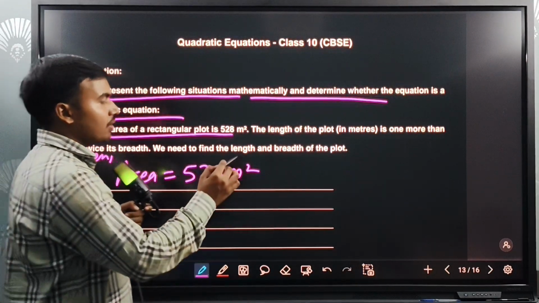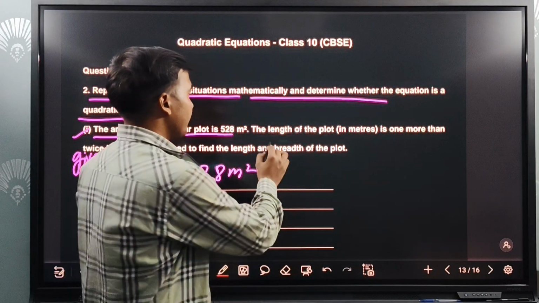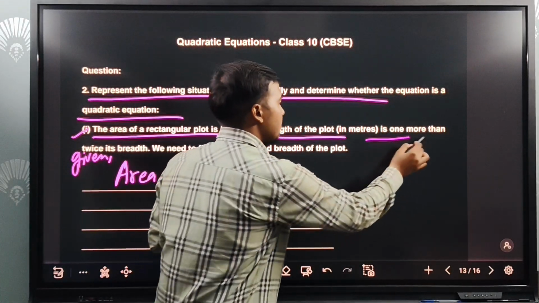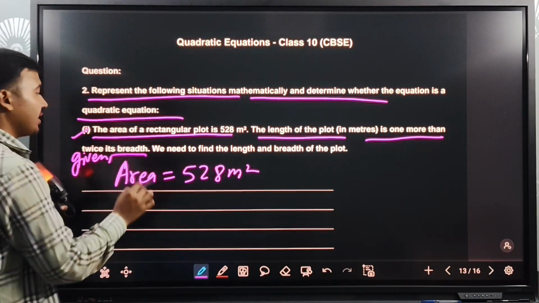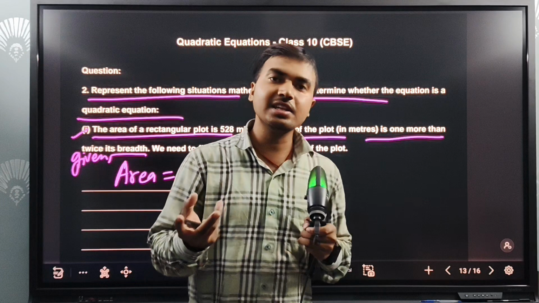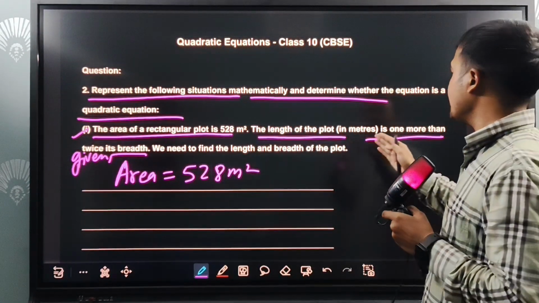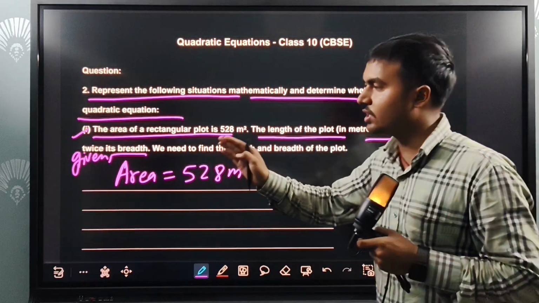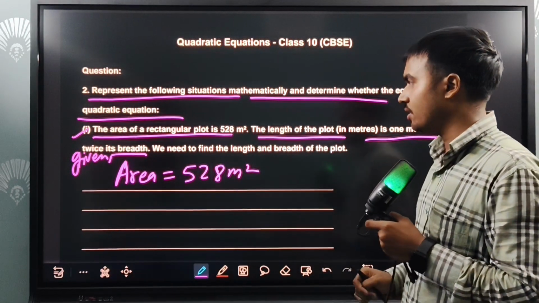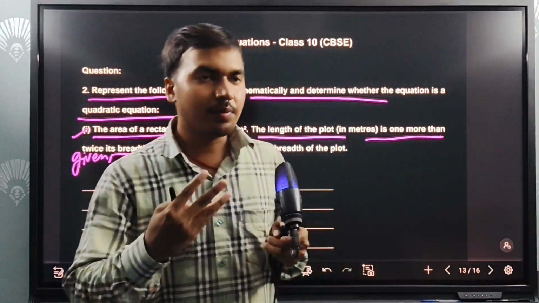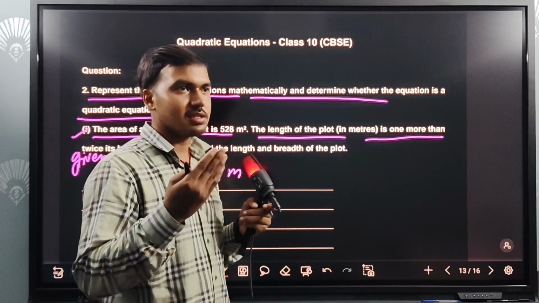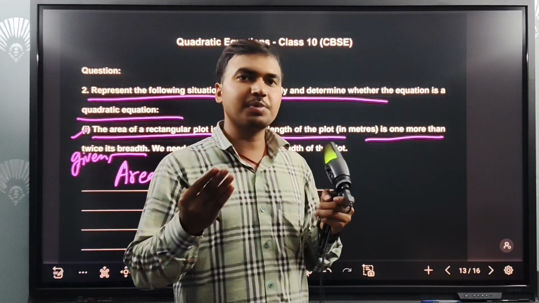Now it is given that the length of the plot is 1 more than its breadth. So the comparison is between length and breadth. It is saying that the length of the rectangular plot is 1 more than its breadth. So we will consider the breadth as either b or x, we can represent it by any variable.